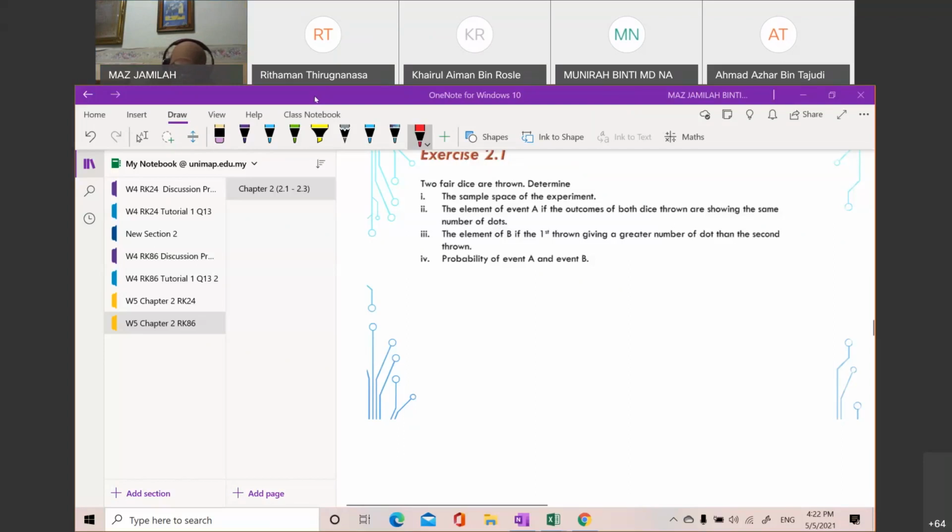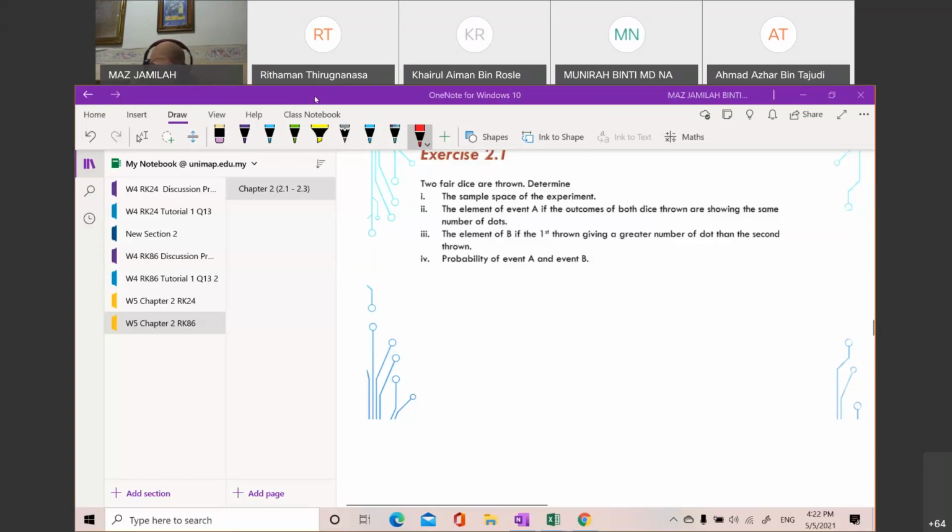Now number 3, the elements of B, if the first throw gives a greater number of dots than the second throw, meaning the first throw is greater than the second throw. So identify from your list of outcomes in the sample space.